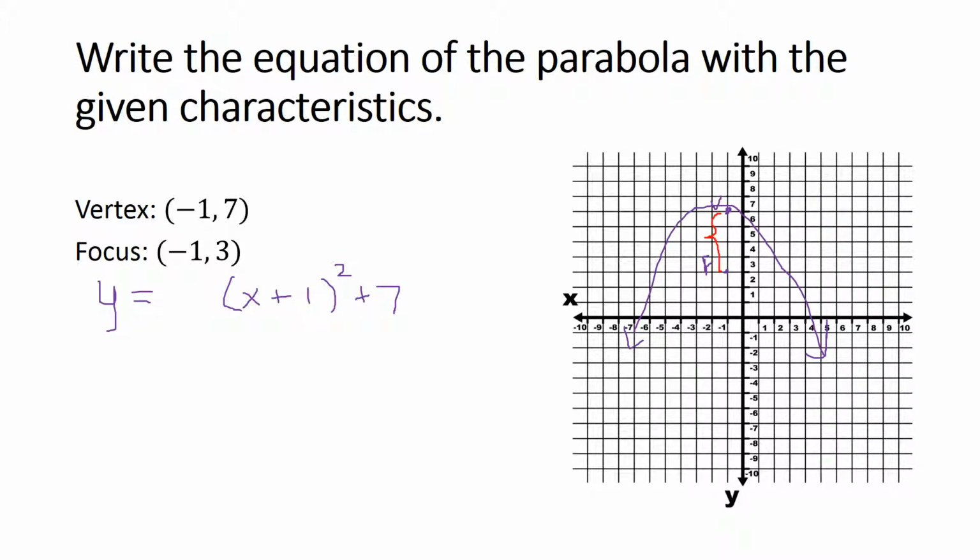Here, the vertex and the focus are 4 units apart, so p equals 4. So out in the front, I would have 1 over 4 times 4. And because this function is pointing downward, I'm also going to put a negative out there. So my final answer is y equals negative 1 over 16 times x plus 1 squared plus 7.